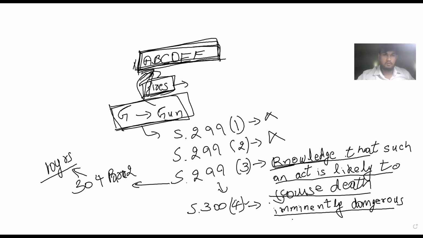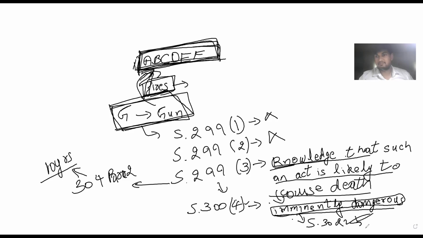So once G fires with the gun upon the crowd, one of them is killed, then his act is so imminently dangerous that in all probabilities it will result into death. Hence, section 302 proved.